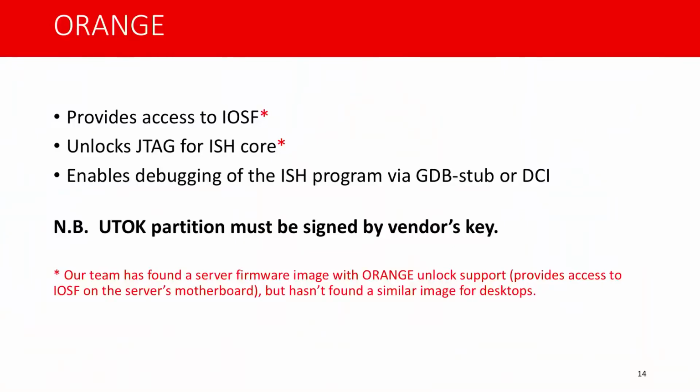And there are two types of unlock. Orange means that vendors may use JTAG debugging for ICH, for example, and the UTOC partition for orange unlock must be signed by the vendor's key. This key is stored in FPF fuses.